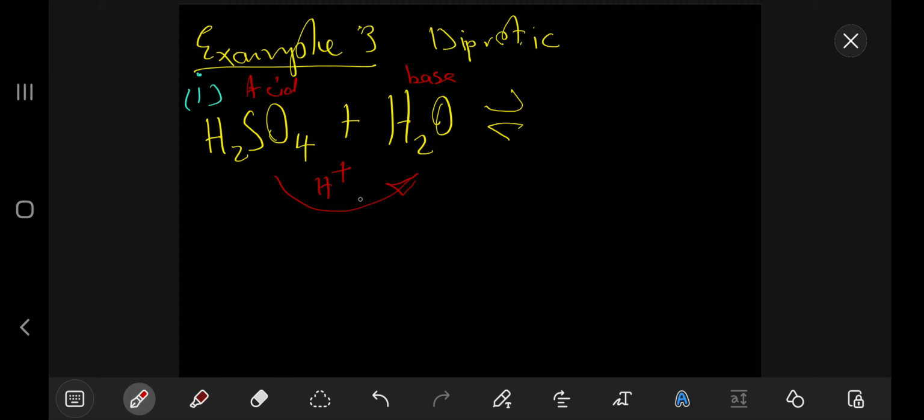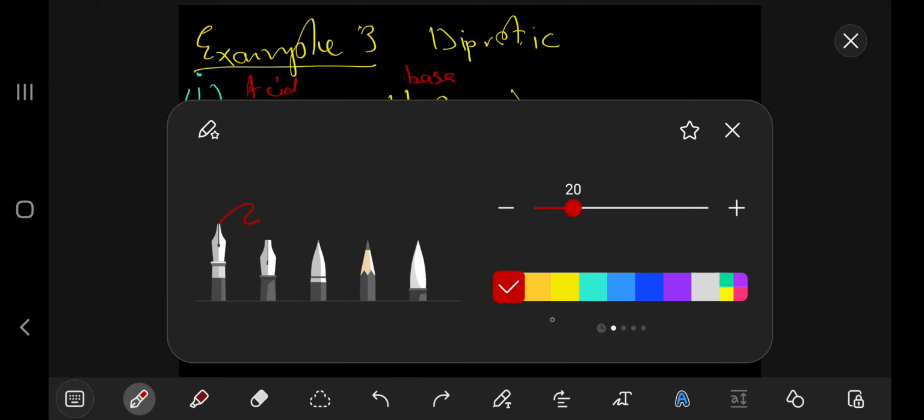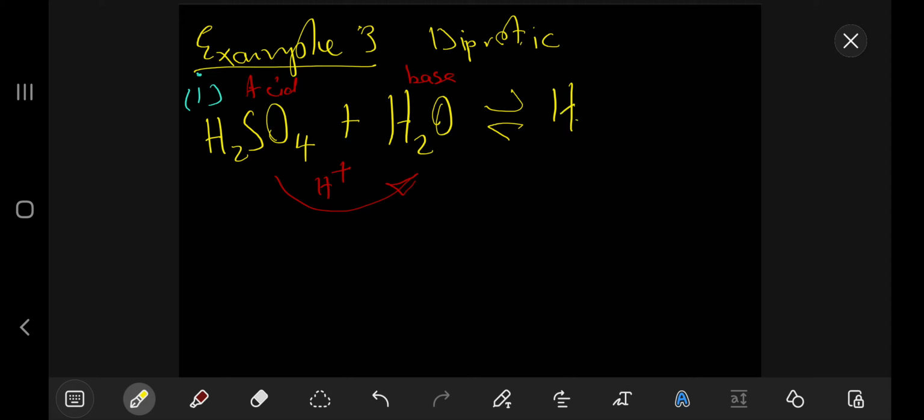Okay, and then this is the base, and a base is a proton acceptor, so it will have 1 more hydrogen ion, right? So the products will have H3O plus, which is the product formed through the acceptance of this hydrogen ion, right?